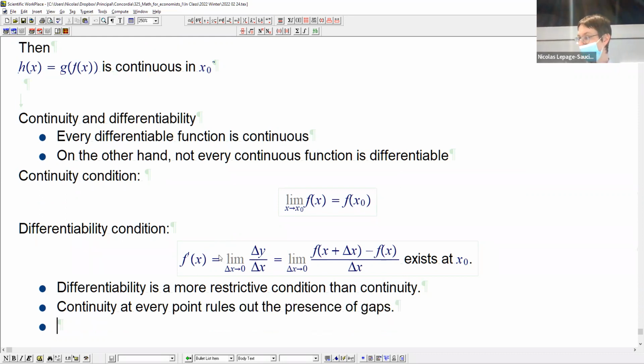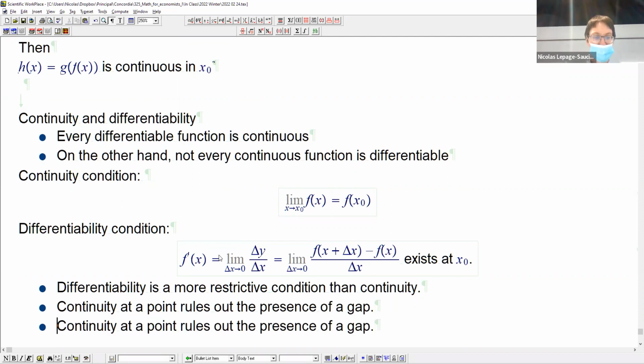But differentiability at a point rules out the presence of a kink.